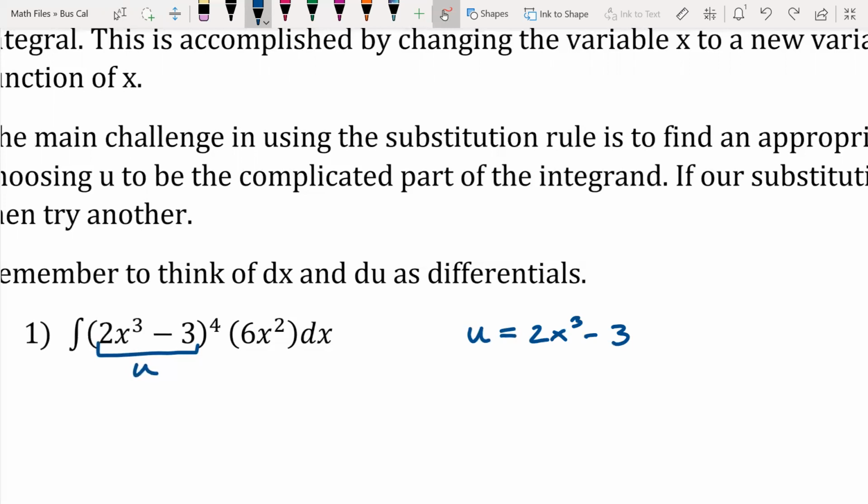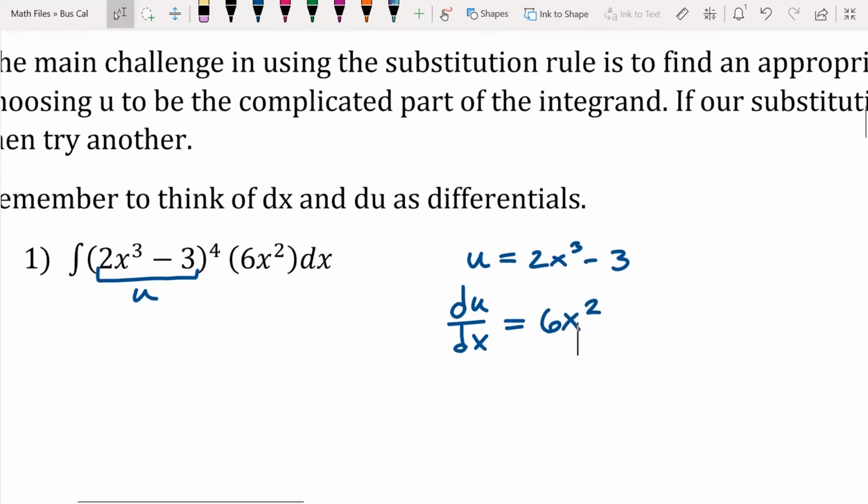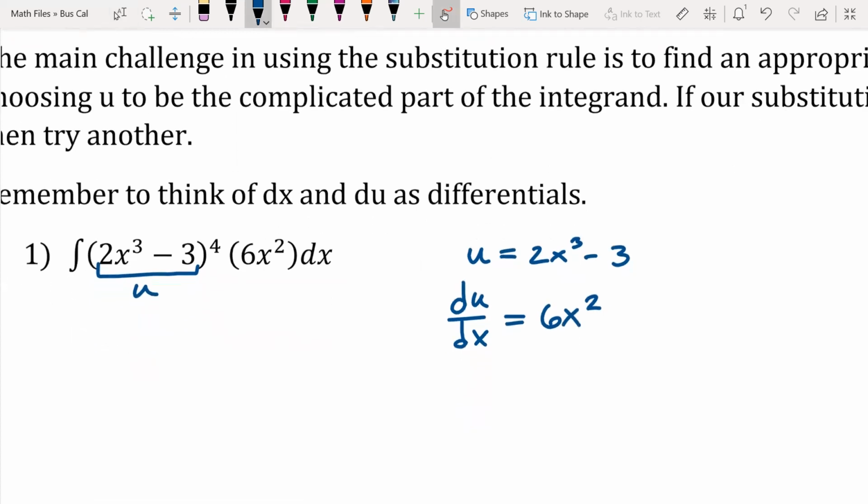When you take the derivative of u with respect to x, the left side has to become du over dx, equal to the derivative of the right side, which is just 6x squared. And then we're going to take this dx and multiply it to the right side. So what we're going to get here is du equals 6x squared dx.